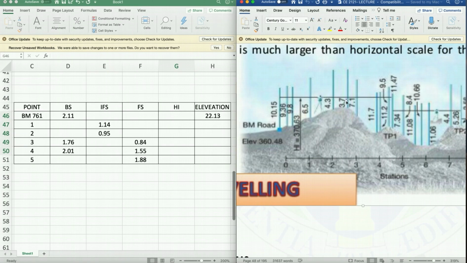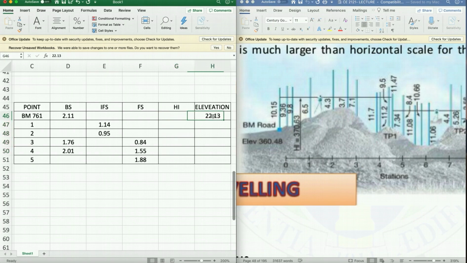So, parehas pa rin yung equation natin. HI is equivalent to elevation plus backsight.